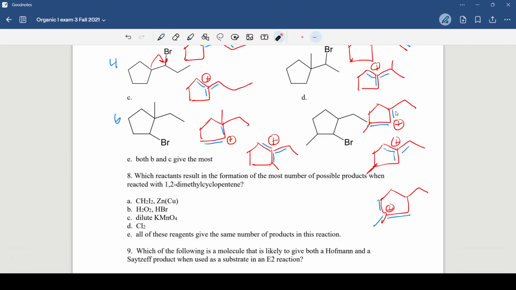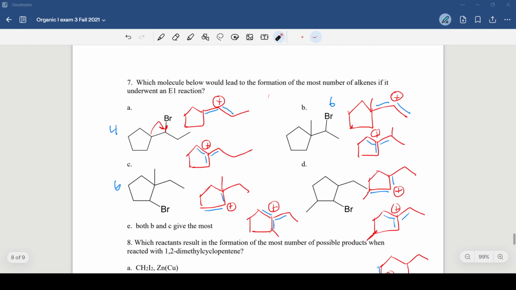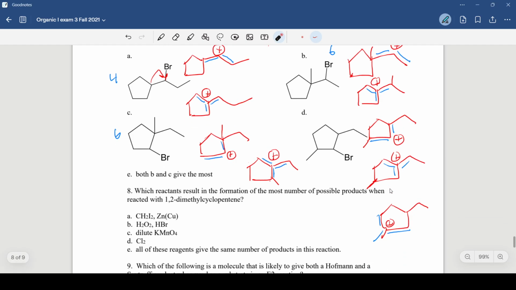This one, 1, 2. 1, 2, 3, 4, 5, 6, 7, 8. This one gives 8. So D is the answer.